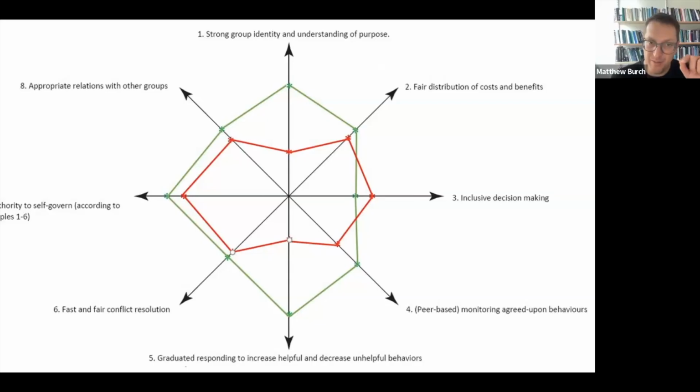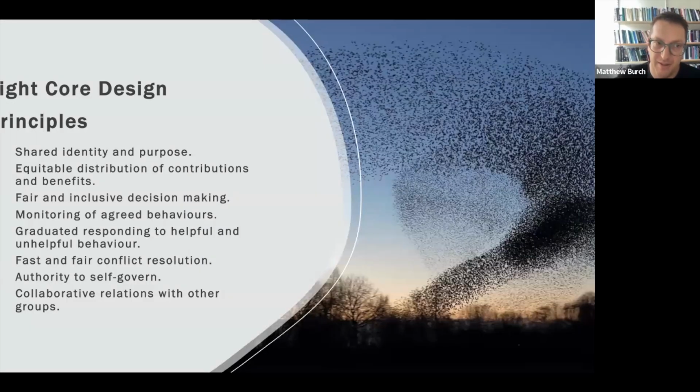So you see the person with the red line and the person with the green line had different opinions about how well the group did at meeting the different or satisfying the different design principles. And what you could do, ideally, after you get each person to fill it out individually, you can create a kind of common one where you recreate all the different circles on one map. So you can kind of get a sense for the diversity of opinion on how well your group did at satisfying the different principles.